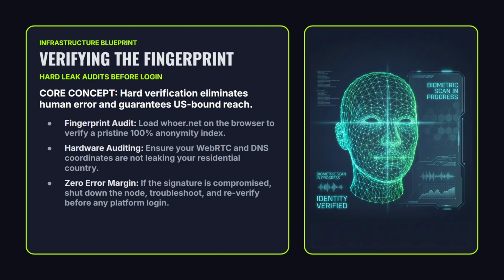Whoer will audit your connection profile, checking for WebRTC leaks, DNS mismatches, and proxy indicators. If your anonymity score is under 100% or if it flags a DNS leak, do not log in. Stop. Turn off the node, troubleshoot your proxy routing, and run the audit again. Operating with a zero error margin is what separates the amateurs from the professionals who scale consistently.